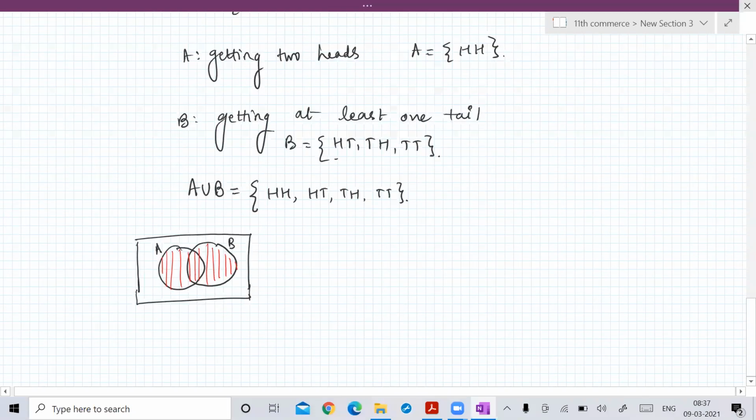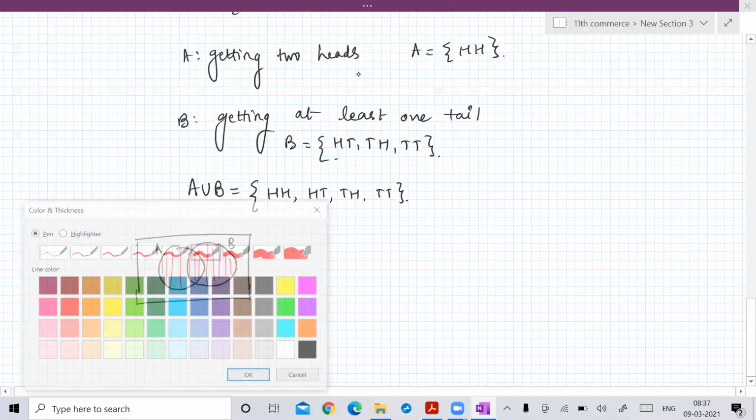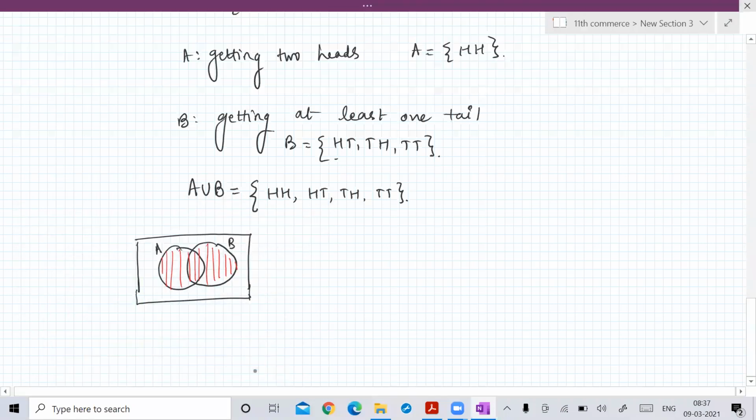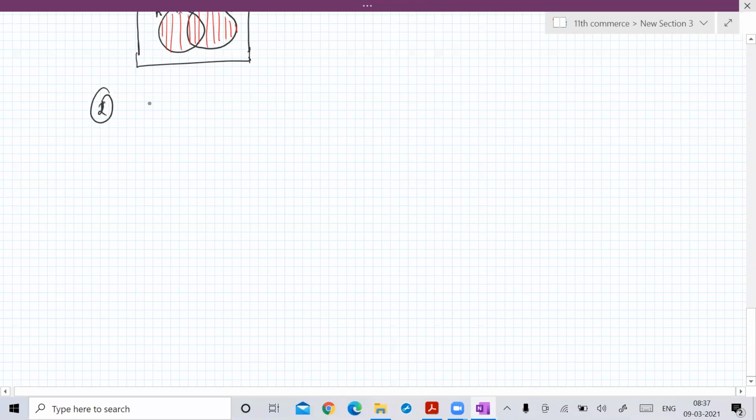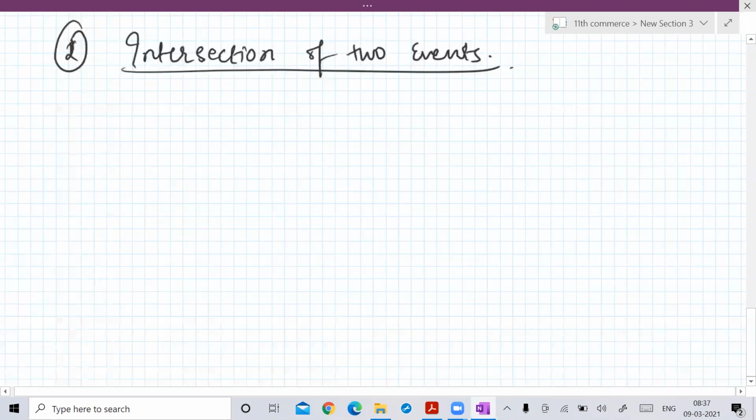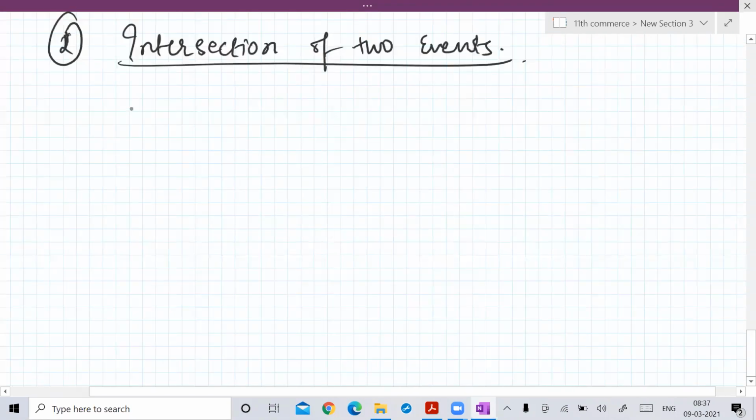Now, intersection. We'll take the same example. Intersection of two events. Two coins are tossed.